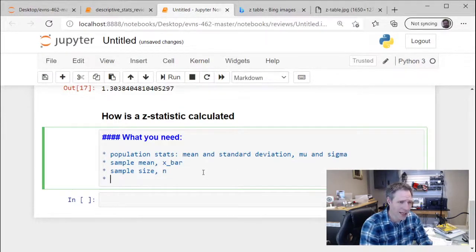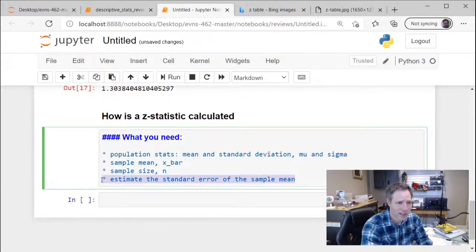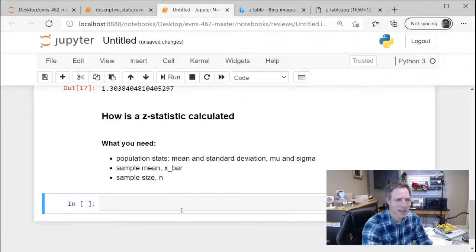And then the last thing you need to be able to do is calculate, or let's say estimate the standard error of the sample mean. Okay, actually, let's erase that because that's not what you need to know. That's a step.